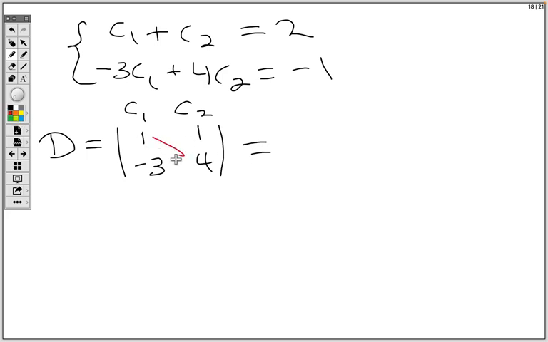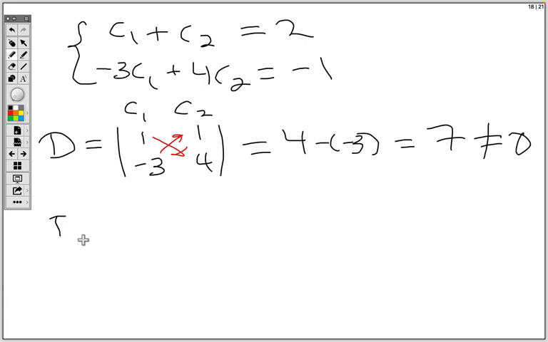I do the Eric zig minus zag. 4 minus negative 3. That's going to give you 7. And what's important about the number 7? It sure as heck isn't 0. That means we're guaranteed a unique solution. So we'll go through the D1 here. In the D1, we replace the C1 column with the constants, and we keep the coefficients of C2 as is.